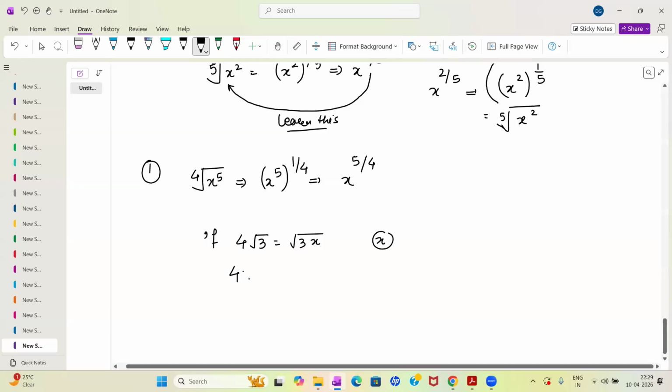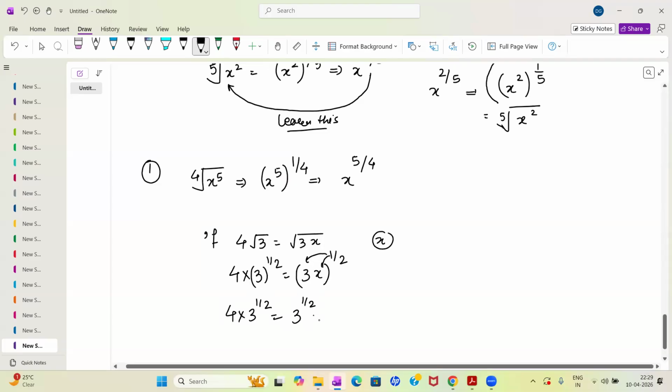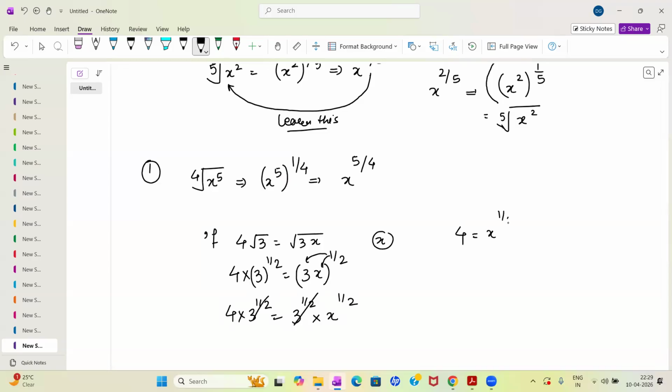We can write it as 4 into 3 to the power 1 by 2 is equal to 3x to the whole power 1 by 2. And now, by the property, we can put the 1 by 2 in 3 and in x also. So it will become 3 to the power 1 by 2 and x to the power 1 by 2. This term cancels. So 4 is equal to x to the power 1 by 2.